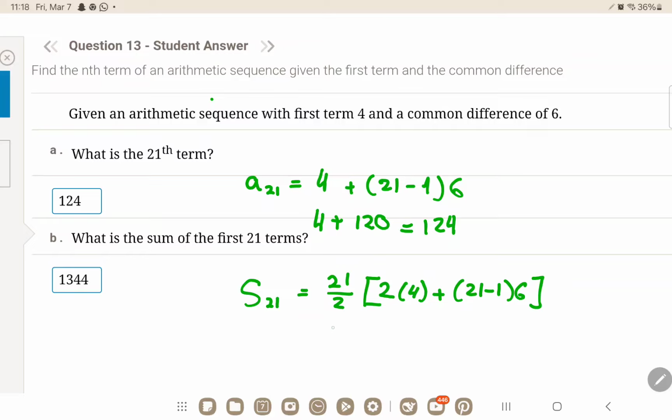Once you put all that in your calculator, let me just do it really quickly. You should get 1,344. And that's it for this question. Let's move on to the next one.